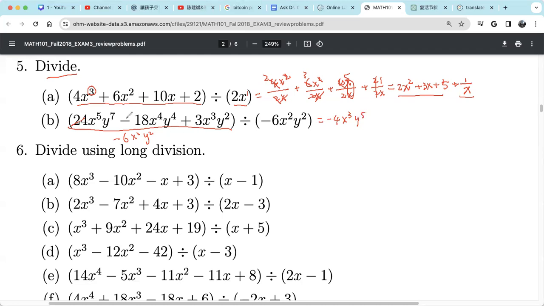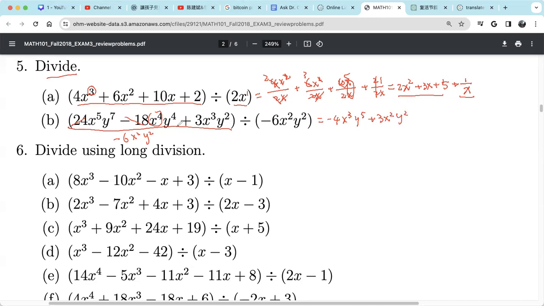So the second term, -18 divided by -6, that's +3. X to the 4th divided by x squared: 4 minus 2 is 2, so we have x squared. Y to the 4th power divided by y squared: 4 minus 2 is 2, so we get y squared.